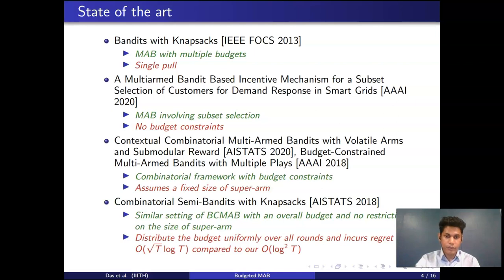They have a similar setting to ours, a budgeted combinatorial multi-arm bandit setting with an overall budget and no restrictions on the size of the superarm. However, they approach this by distributing the budget uniformly over all rounds, and hence they end up with a regret of order root T log T, which is higher than what we achieve. We achieve a regret of order log squared T.